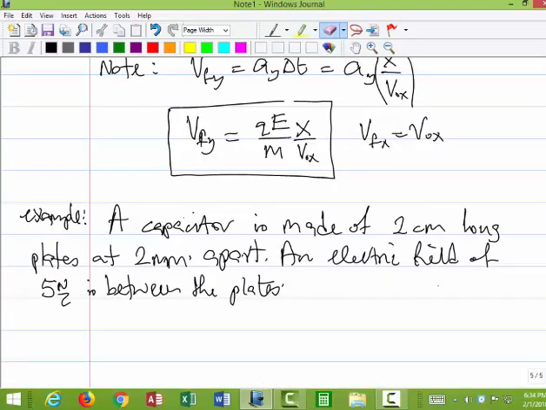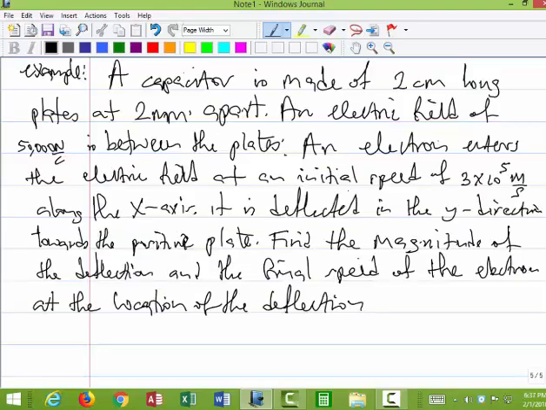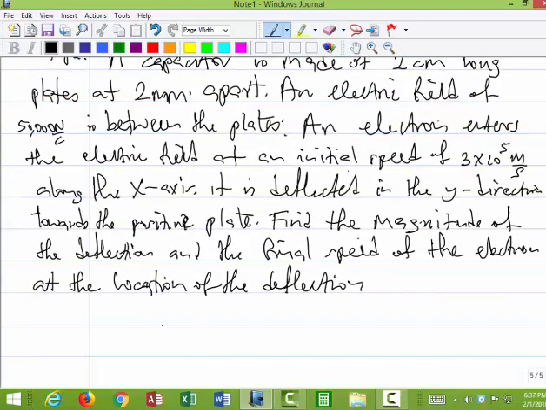Let me make the electric field a little bit stronger. Okay, so let me draw a diagram, I guess, for you. So I'm saying that this distance is 2 centimeters. The distance here is 2 millimeters. Electron enters this way and is deflected towards the positive plate.